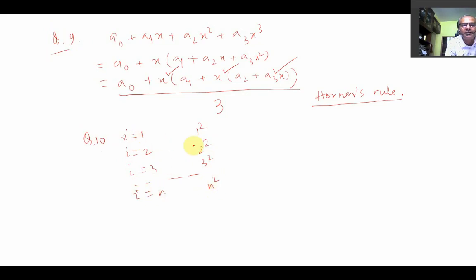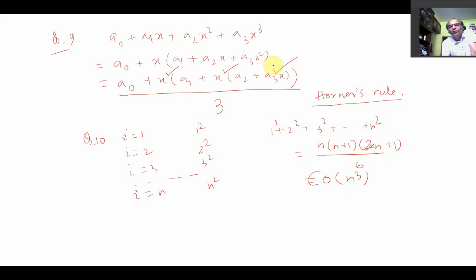When the outer loop runs n times, this is the total number of times the second for loop will be running. So you will find 1 square plus 2 square plus 3 square plus dot dot dot plus n square. What is the value? This is basically n into n plus 1 into 2n plus 1 whole by 6. Basically you see this belongs to order of n cube.